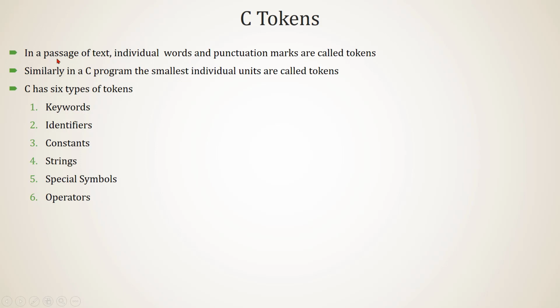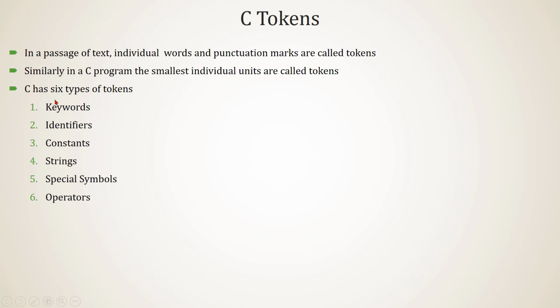In a passage of text means the first point is related to the English language. It will contain some individual words and some punctuation marks, and those are called tokens. Similarly in C, the smallest individual unit is called a token. In C also we will have something similar to words, and this smallest individual unit is called a token.